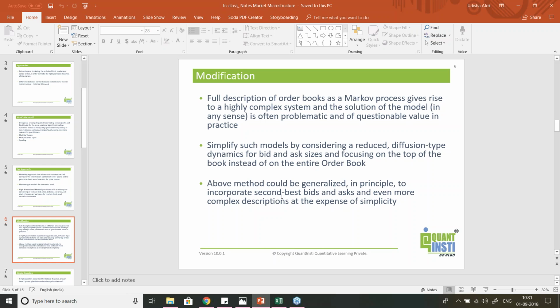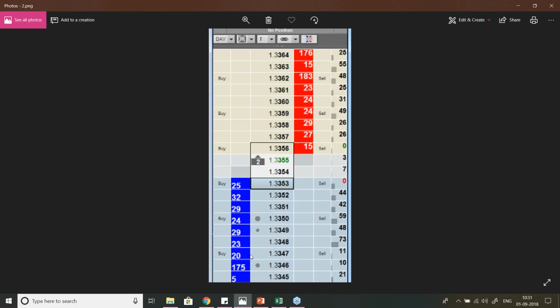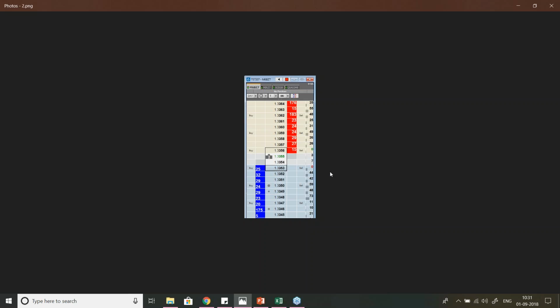So when we are building such a model where there are a lot of things happening, again we'll go back to this example. Let us say on top of this 25, I put another 200 lots. What do you think will happen? Will the market move up or will it move down? Just give the probability.